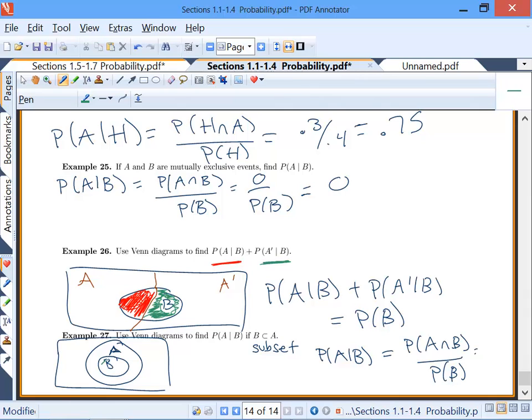A intersect B is just B. So this is the probability of B over still the probability of B, which is going to give me 1.